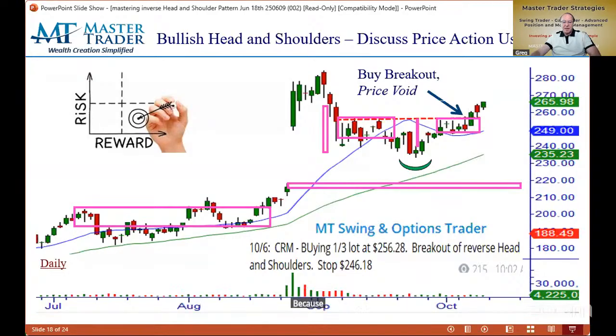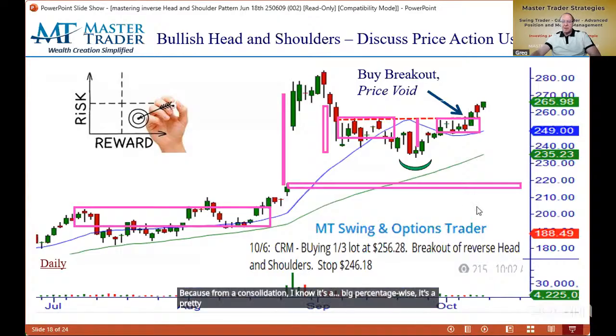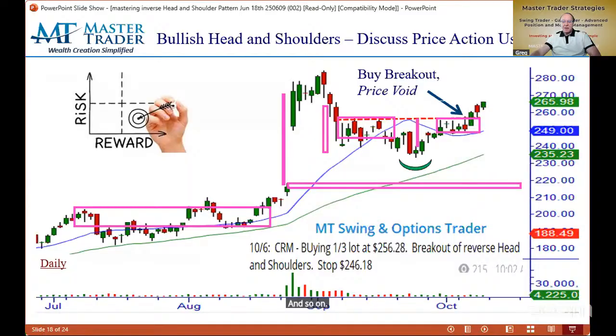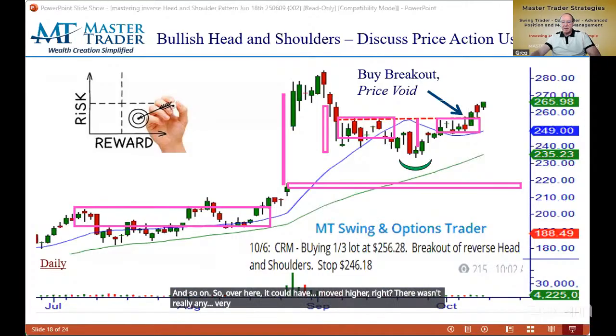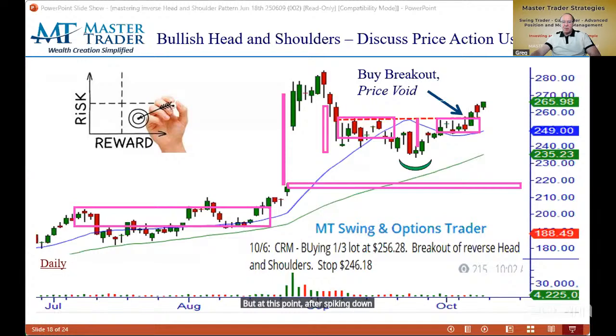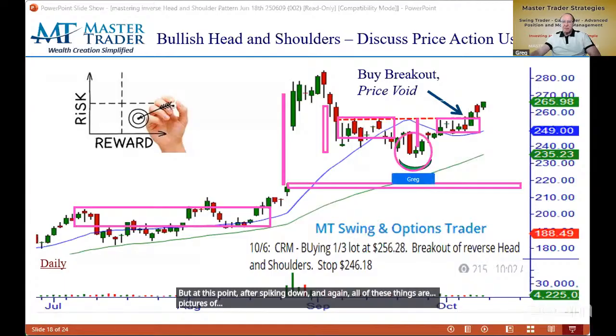Because from a consolidation, I know it's a big percentage-wise, it's a pretty big gap. So over here, it could have moved higher, right? There wasn't any very compelling pattern here. But at this point, after spiking down, and again, all of these things are pictures of what traders believe, right?